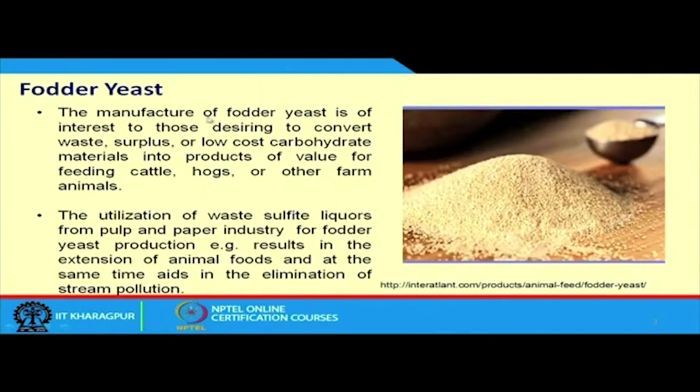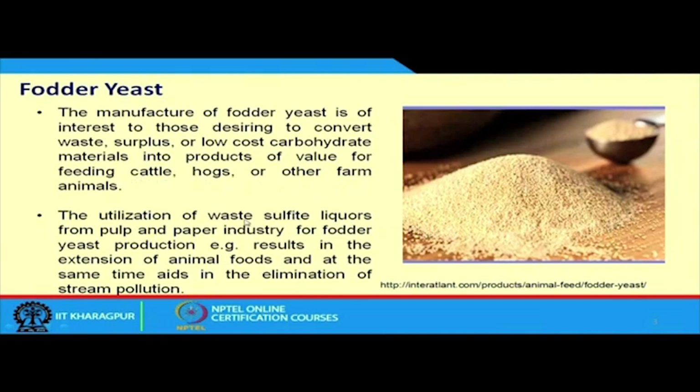The manufacture of fodder yeast is of interest to those who wish to convert waste, surplus or low cost carbohydrate material into products of value for feeding cattle, hogs and other farm animals.